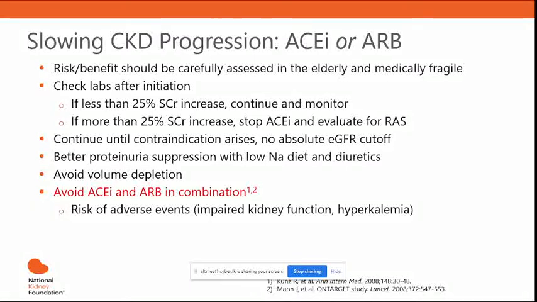When you use an ACE inhibitor or ARB, the creatinine can increase due to the presence of renovascular disease. Therefore, when you start a patient on an ACE inhibitor, you should have a baseline creatinine, and you should repeat the creatinine in about 10 to 14 days.